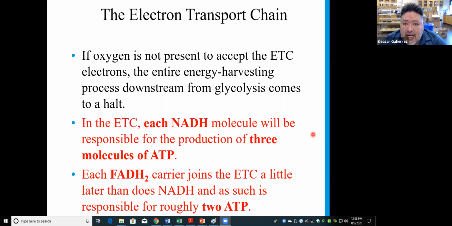If the proton gradient is very high, the efficiency is higher. So you might produce 3.5 molecules of ATP. If the mitochondria has very little energy and the proton gradient is very low, it might produce 2.5 ATP. So it's not like you can point at it and go, this is exactly what the answer is.